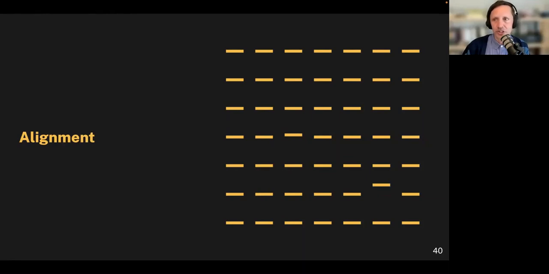Slide 40 shows a change in alignment. So we see that same grid. One of them has a big difference in alignment, and that one pops out as different. A small change in alignment pops out a little bit less.